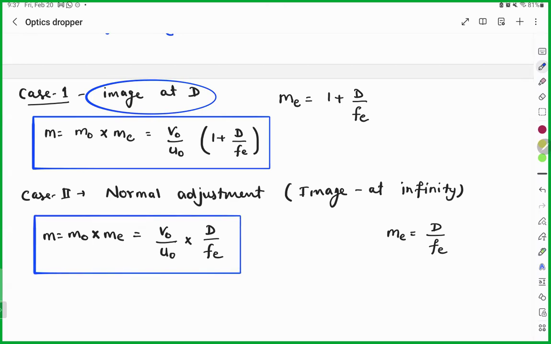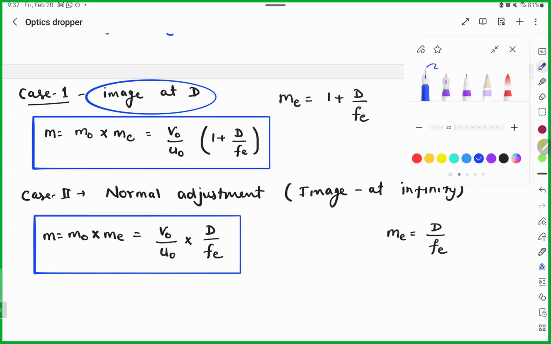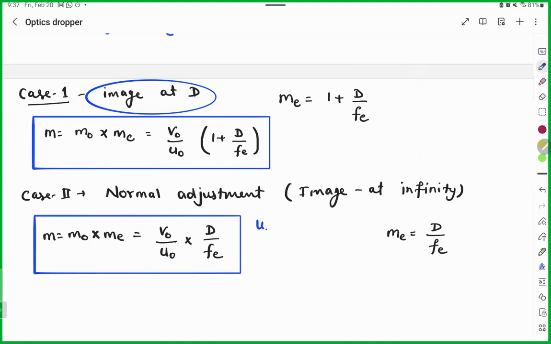Done. Remember, in this case, your object for the eyepiece will be at the focal length of the eyepiece.